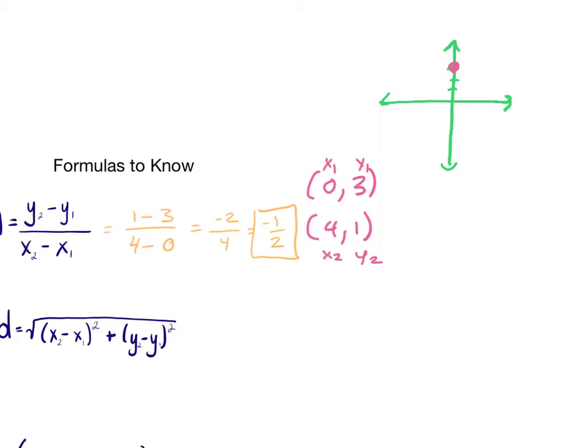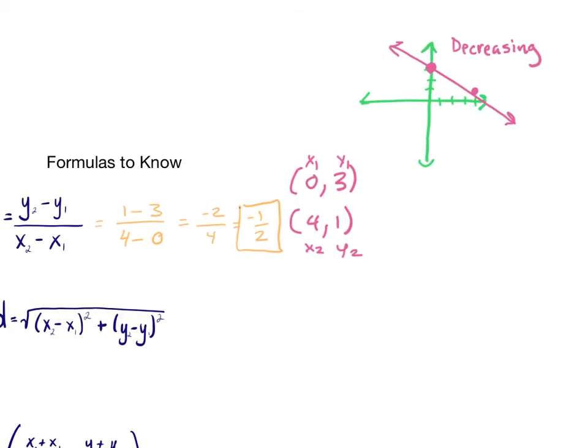Next we have 4, 1, so we would go to the right 4, and up 1. So our second point would be right there. And if we drew a line connecting these 2 points, we see that our line is decreasing. Which makes sense because our slope is negative.